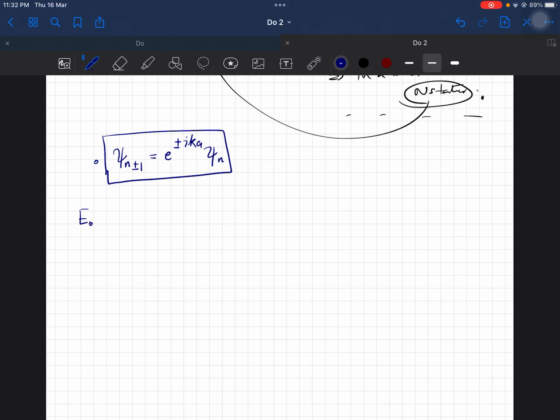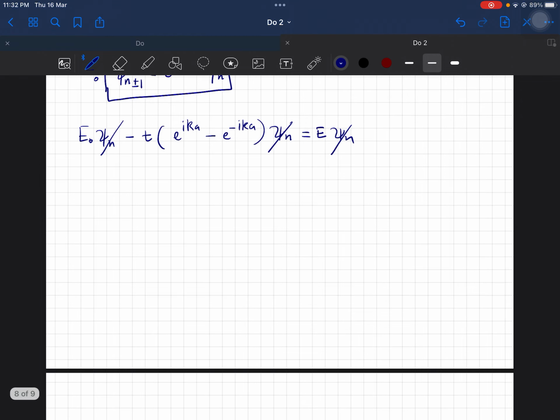What this means is E naught psi n minus t e to the i k a minus e to the minus i k a psi n is equal to E psi n, which gives E equals E naught minus 2t cos k.